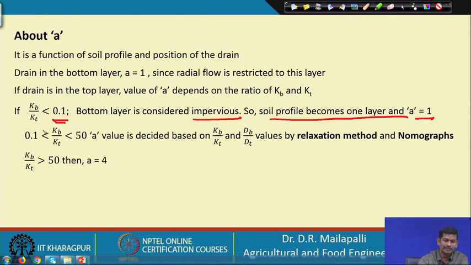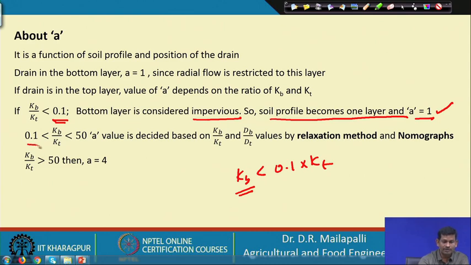That means the bottom layer has lower hydraulic conductivity: suppose Kb is less than or equal to 0.1 times Kt. The bottom layer acts as an impervious layer, the soil profile becomes one layer, and then A is equal to 1.